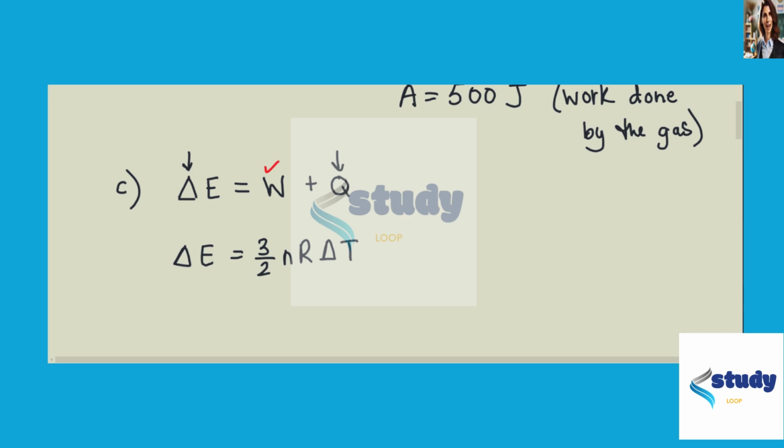Now, we already calculated the final temperature as 195 Kelvin, I believe, or no, 193. And if we do another calculation for the initial temperature of the gas, using the exact same formula, the exact same process, you'll see that the initial temperature is exactly the same. So the change in temperature here is 0, and so the change in internal energy also has to be 0.